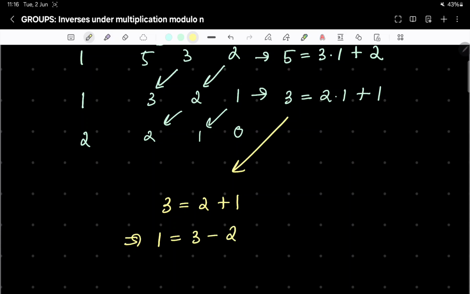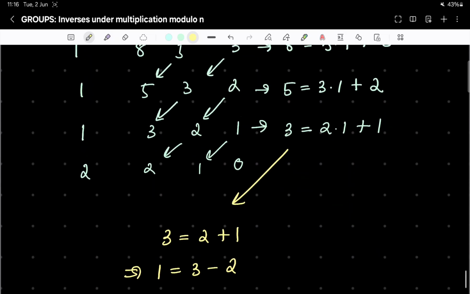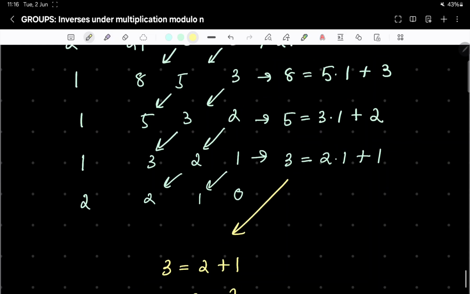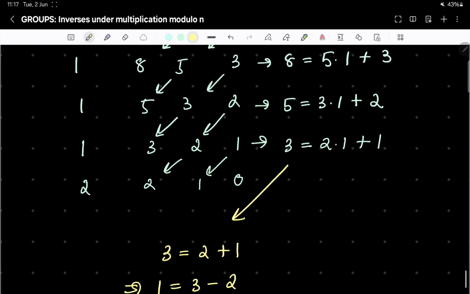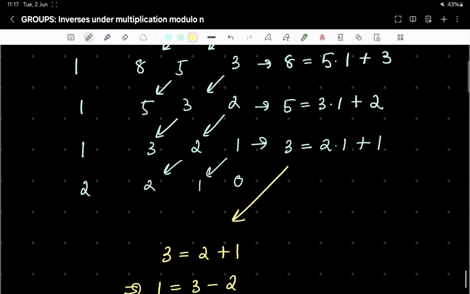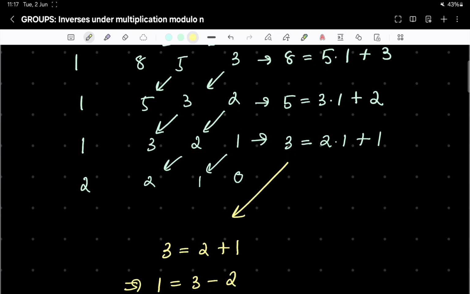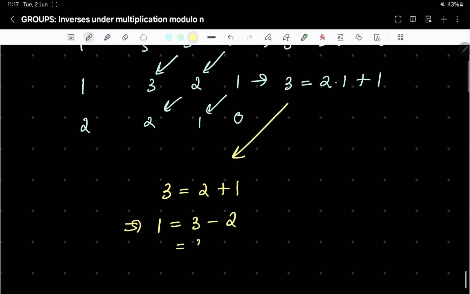On one side 1 is there. On the right side you have to make it a linear combination. Now go to the previous thing. How do you write 2? You can write 2 as 5 minus 3.